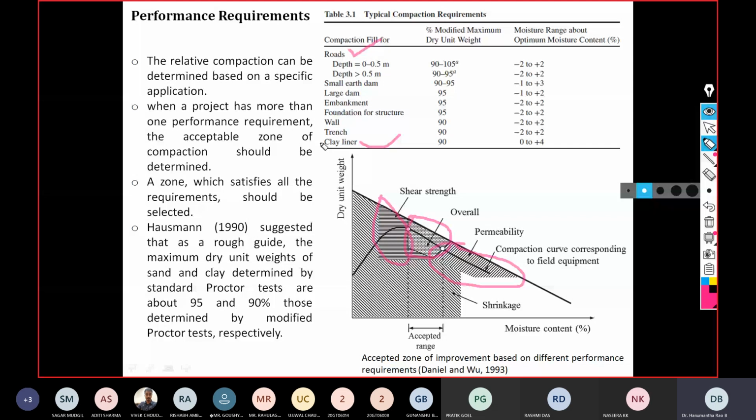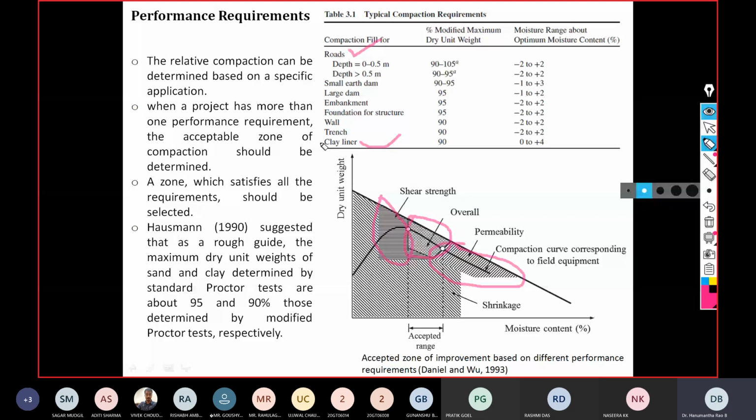So you need to have the list of priorities of the properties. Then accordingly, you have to prepare the acceptable zone. So a zone which satisfies all the requirements should be selected as shown here. That is called the overall.